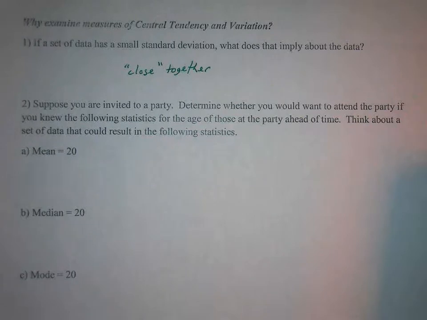So for example, if you had a standard deviation of 2 pounds, whether you're looking at a group of squirrels compared to a group of adult humans, that 2 pounds is going to be much larger relative to the group of squirrels than it is to the group of adults.